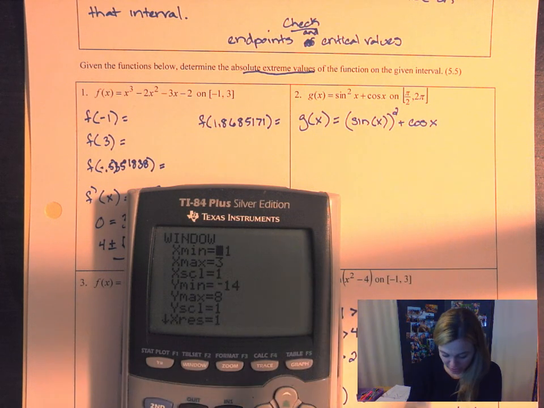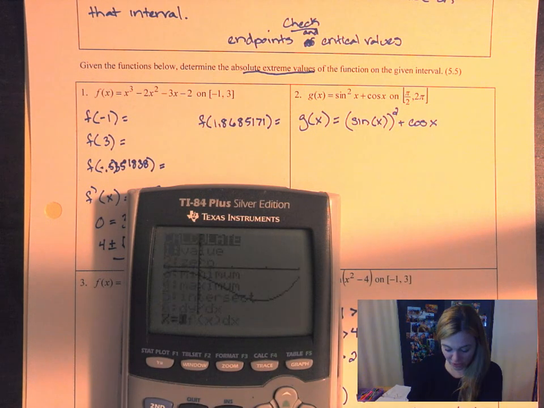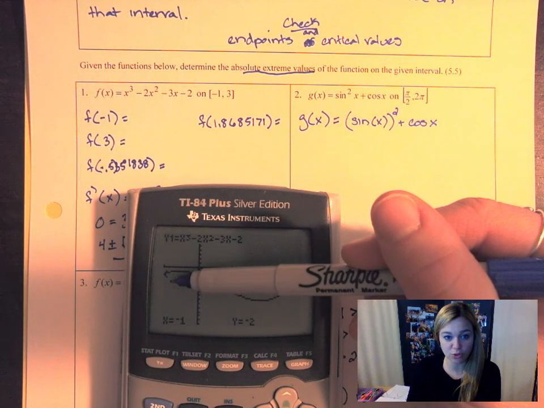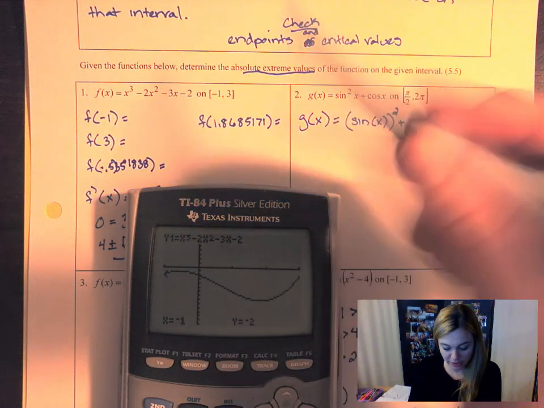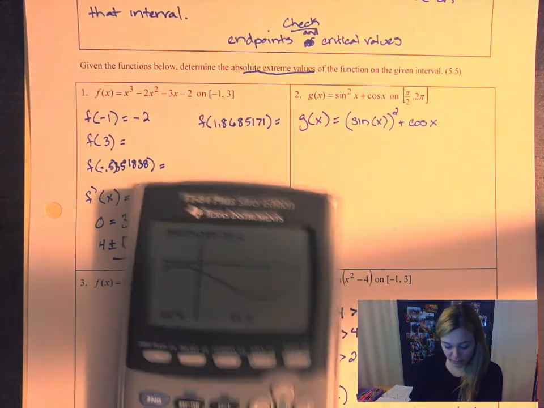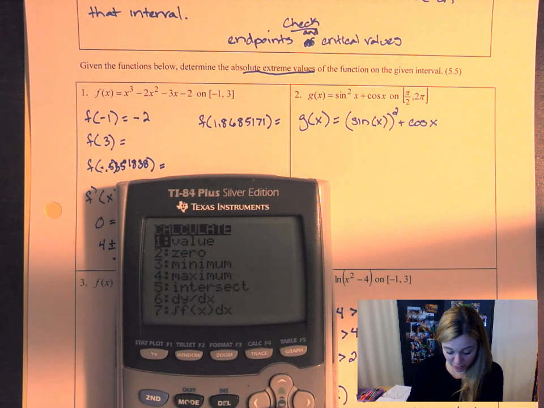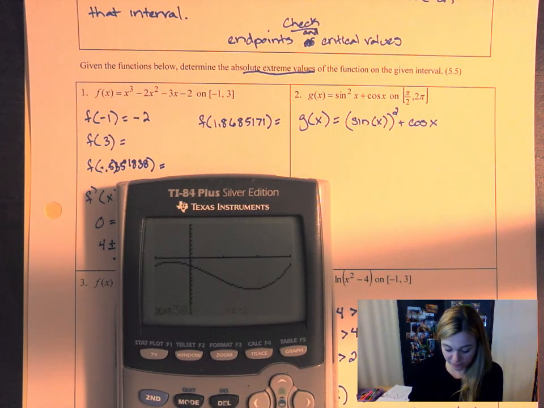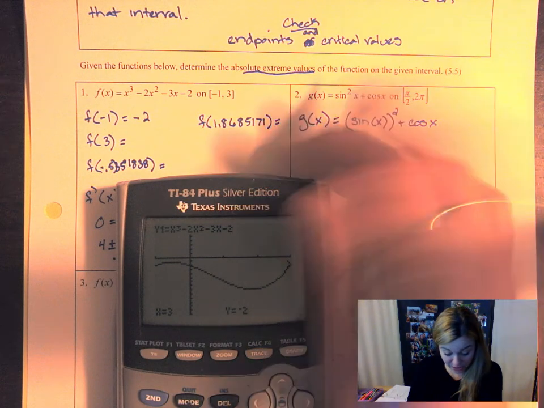Yep, we're good. Do you see how it goes the whole way over here? This is my endpoint, where y is -2. If I try the other endpoint, so my value at 3, I also get -2.